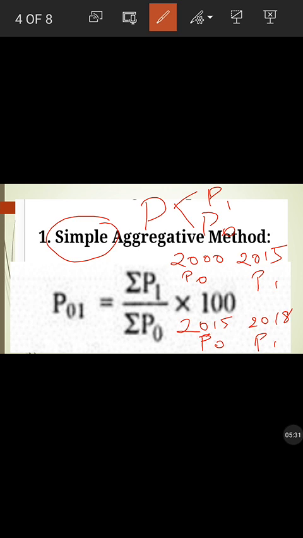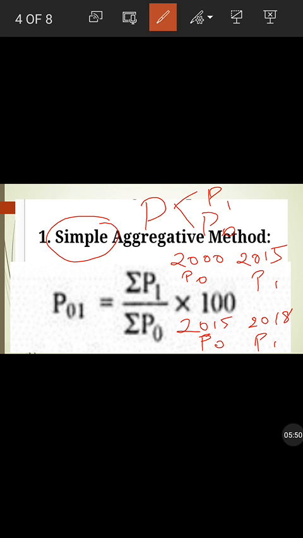Similarly, if the years are given like 2015 and 2018, this is P0 and this is P1. Whichever year comes later is known as P1, and the year which comes earlier is known as P0, that is the base year price. P0 is the base year price and P1 is the current year price.